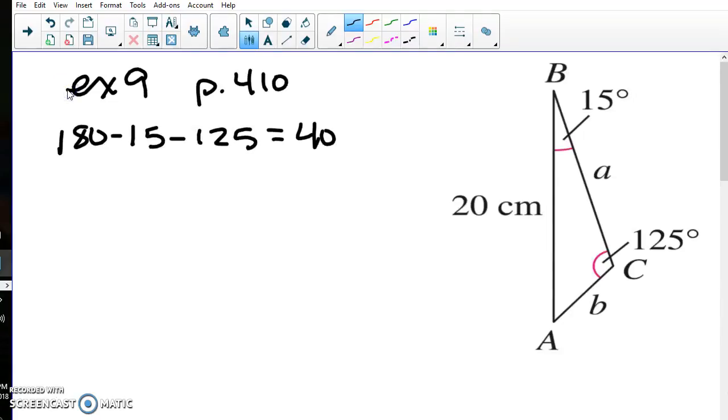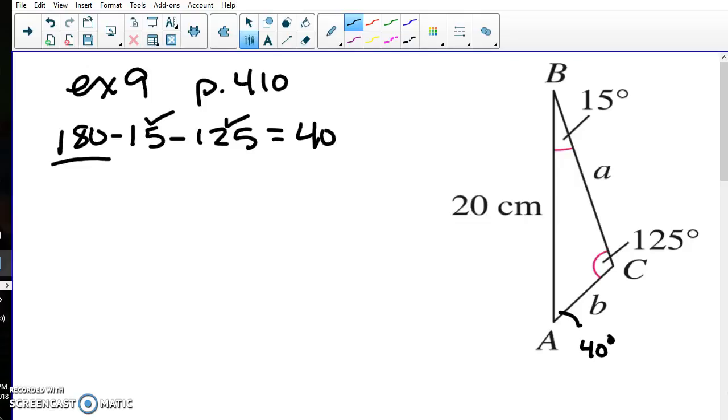So here we go, example 9 on page 410. The first thing I wanted to do is from 180, take away the two angles that we already had, and we could see that angle A has to be 40 degrees. And now we're going to go ahead and set up. We have one side and three angles.